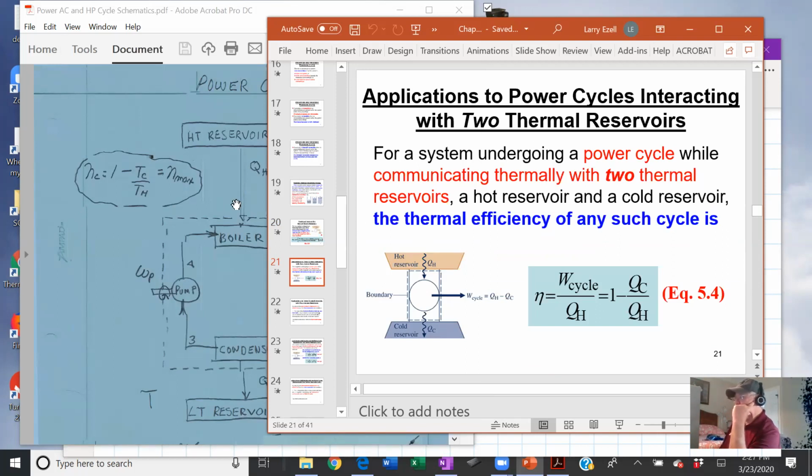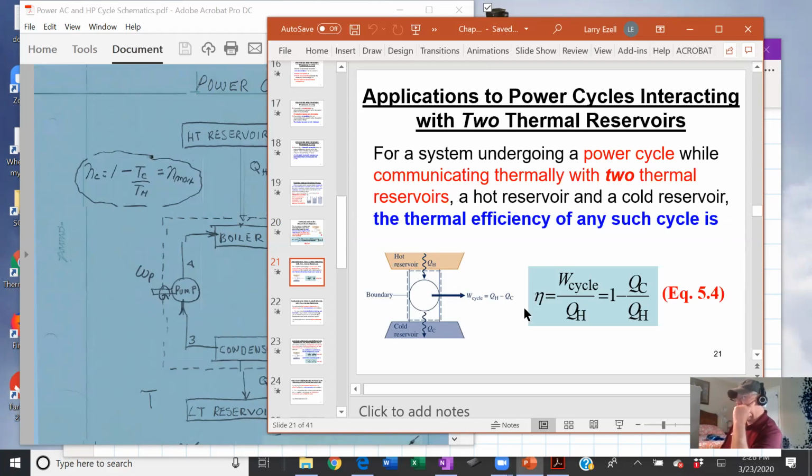I'm going to show you that our power cycle does interact with two reservoirs: a QH reservoir, where heat is thrust into the system, such as in the boiler, and a QC, or Q cold reservoir, such as cooling water or an evaporator.